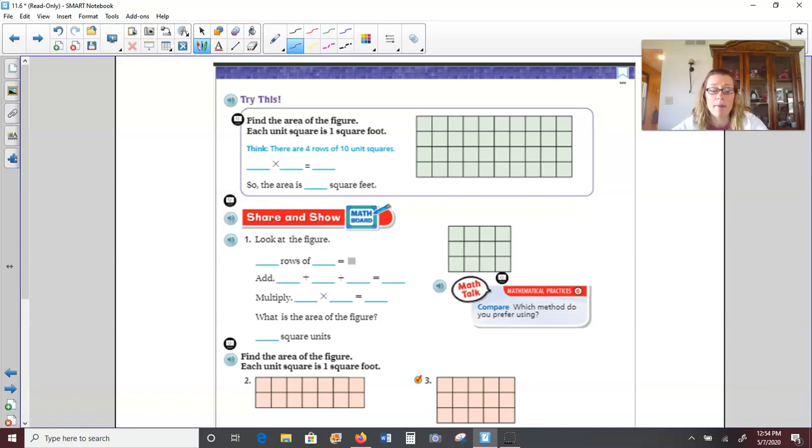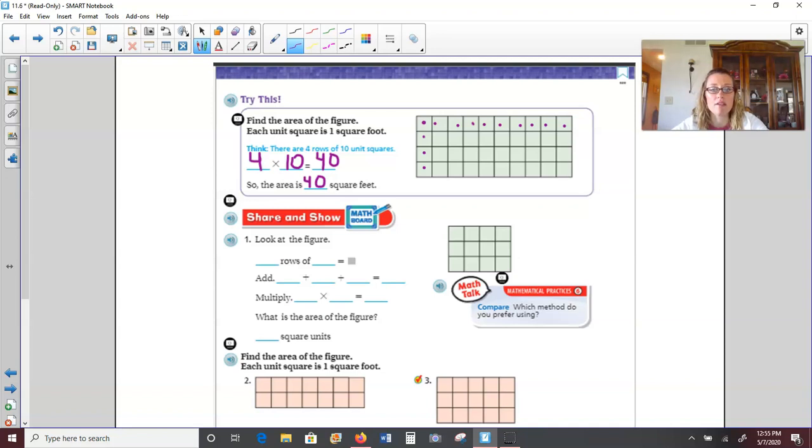That's a lot, but I can count the number of rows, 1, 2, 3, 4, and I can count how many are in each row. 1, 2, 3, 4, 5, 6, 7, 8, 9, 10. Since there's 10 in that first row, there's going to be 10 in all 4 rows. And I can quickly do 4 times 10 to get 40 without having to count each individual square.